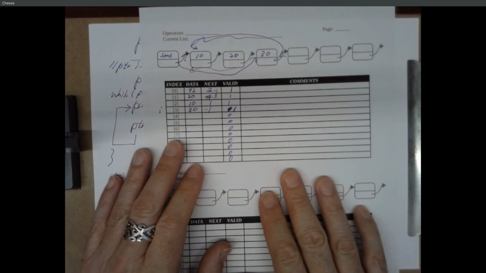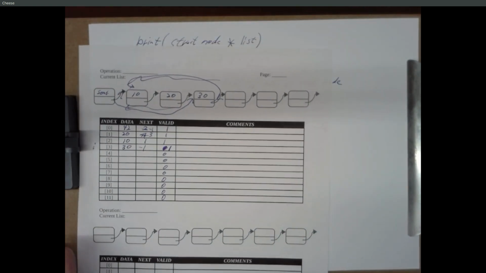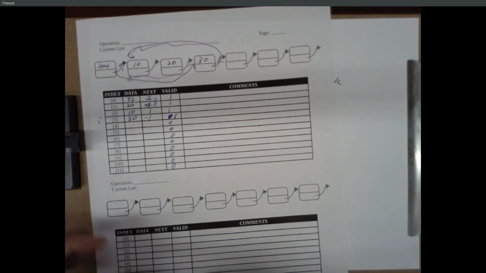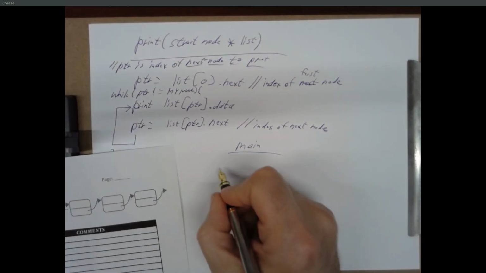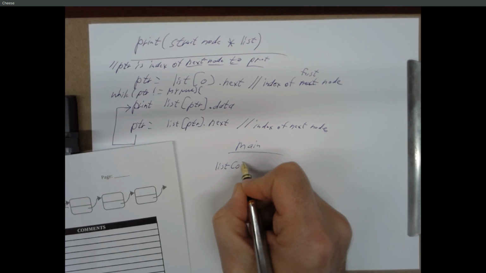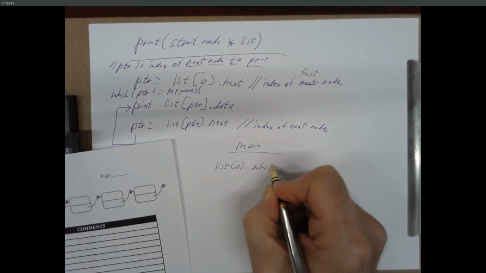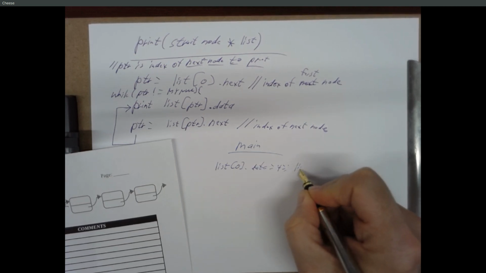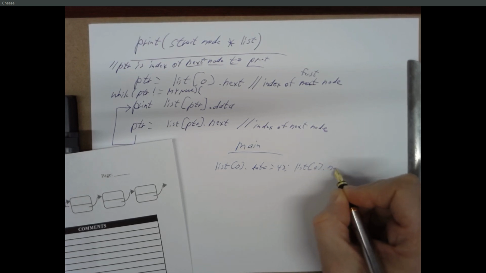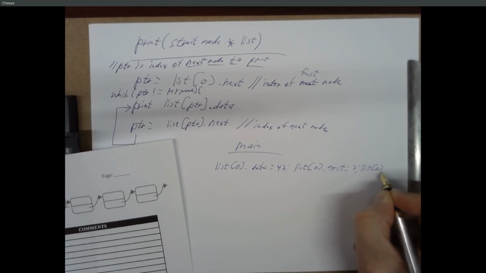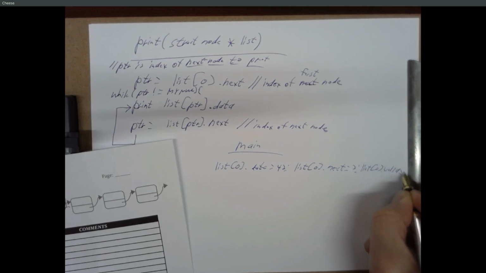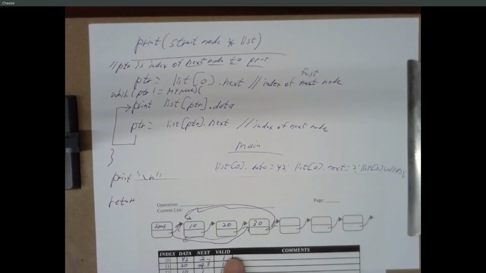How do we make our linked list? list[0].data equals 42. list[0].next equals 2. list[0].valid equals 1. That's this first row.